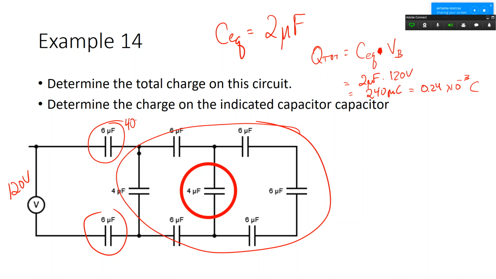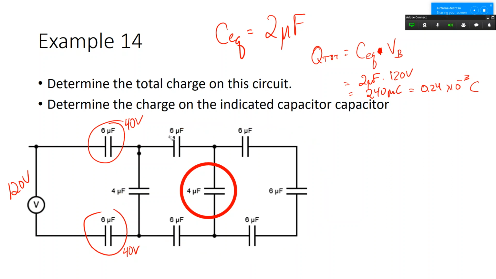It's going to be 40 volts here, 40 volts here, and this whole thing is also going to be 40 volts. This 40 volts needs to be separated into how many parts?